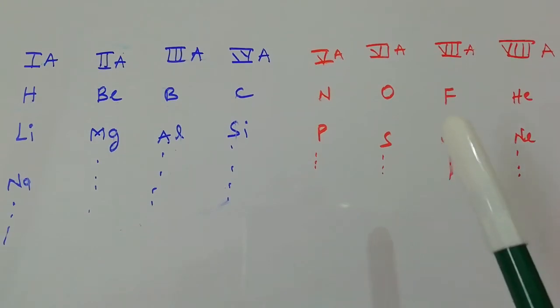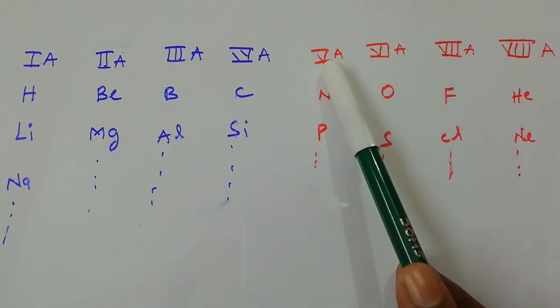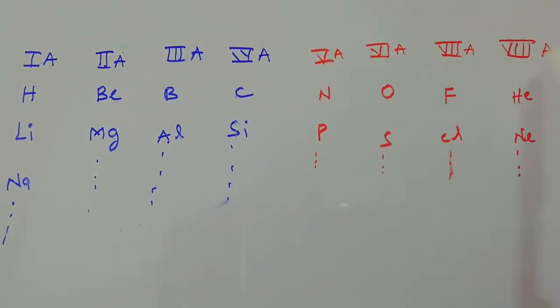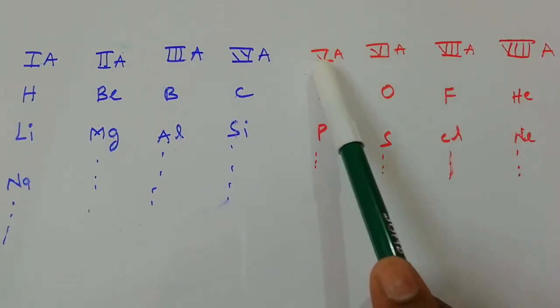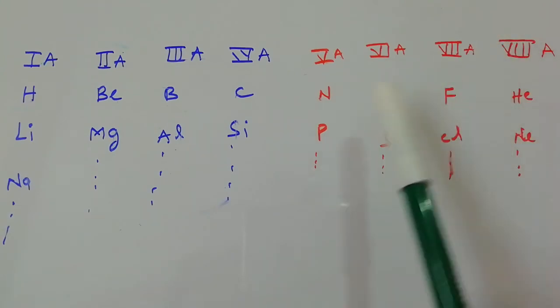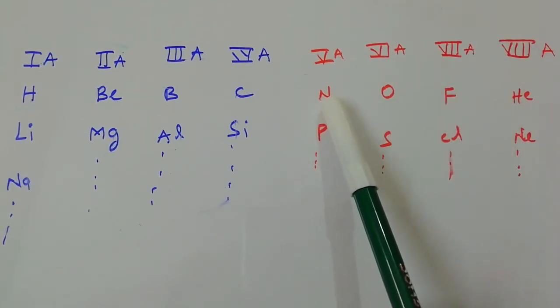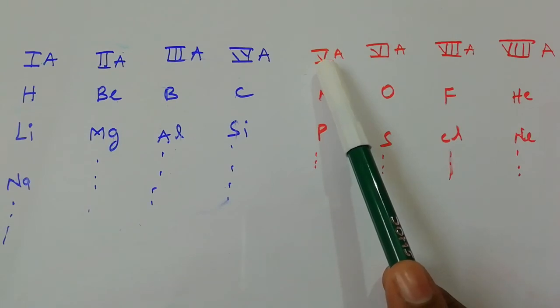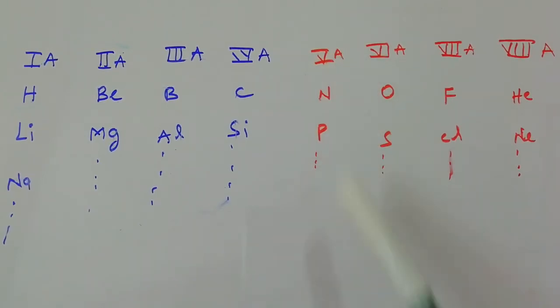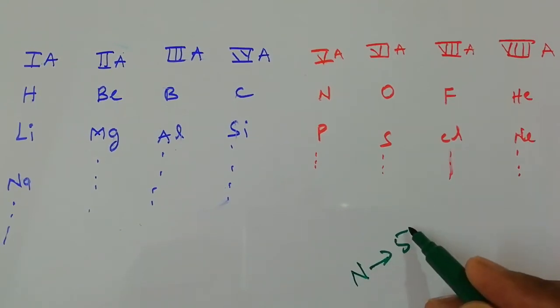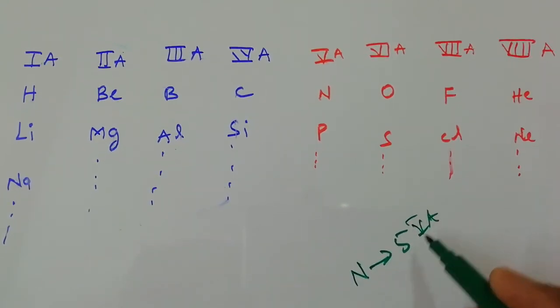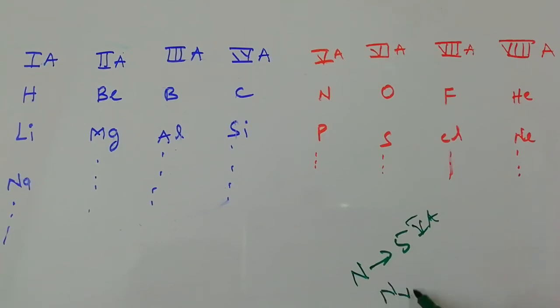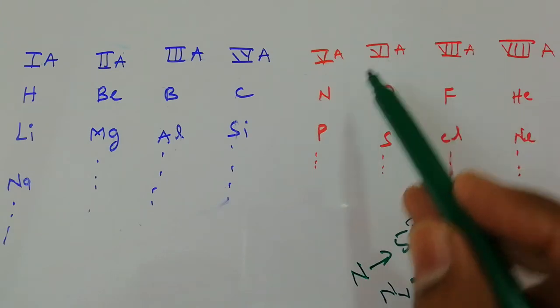But from 5th A group to 8th A group elements, the valency is not equal to their group numbers. For example, nitrogen belongs to 5th A group, so nitrogen valency is not 5.